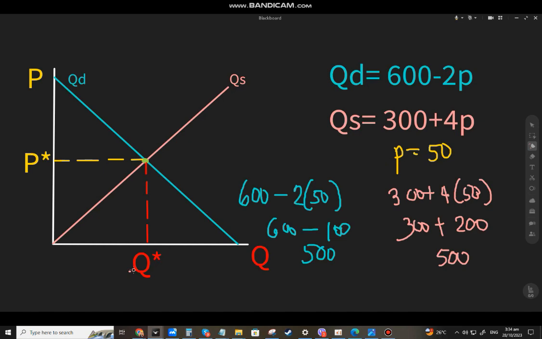Now we can change this one. QD now is 500. Sorry, Q star. And this one will be 50. Now for the coffee, the market equilibrium, the ideal price will be 50 and the quantity supplied will be 500. And that's how you answer how to calculate market equilibrium.